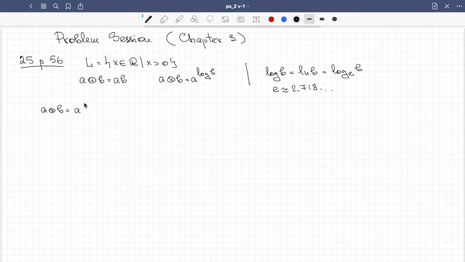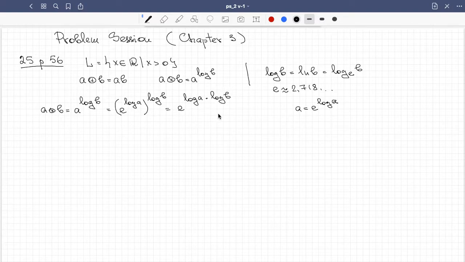A to the power log B is the same thing as E to the log A, taken to the power log B, which is the exponent of the product of logs, log A times log B. With another base, we would have to write something else here, but we assume all logs are natural.